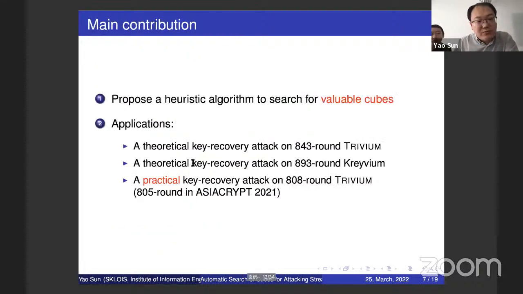So our contribution is that we propose a new heuristic algorithm to search for valuable cubes. As applications, we improve the theoretical attack against Trivium when this paper was submitted last year. We also improve the practical attack against Trivium, which is still the best result now.